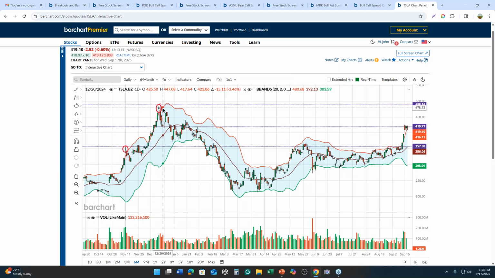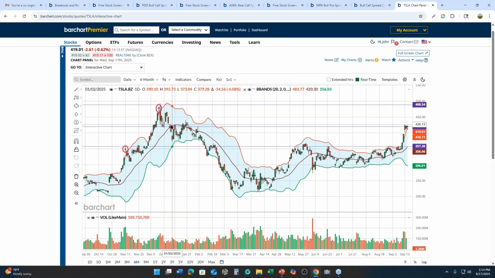Now, widened bands reflect extreme volatility and warn of reversions, or mean reversions. You can see how wide our bands are here compared to where the bands have been in the past, and that would be a sign that there is a probability we're going to revert back to that moving average.